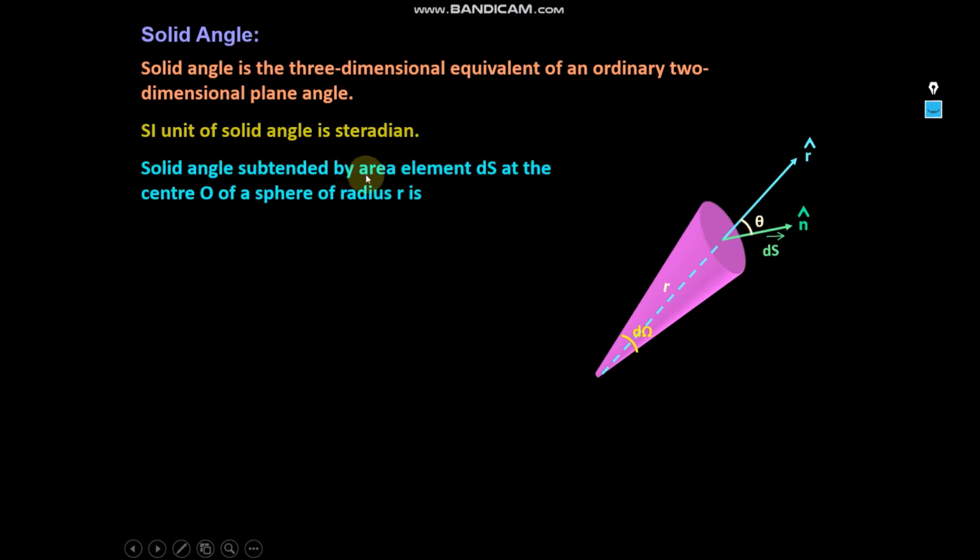The solid angle subtended by an area element dS at the center O of a sphere of radius r is given by this formula: d omega equals dS by r square.